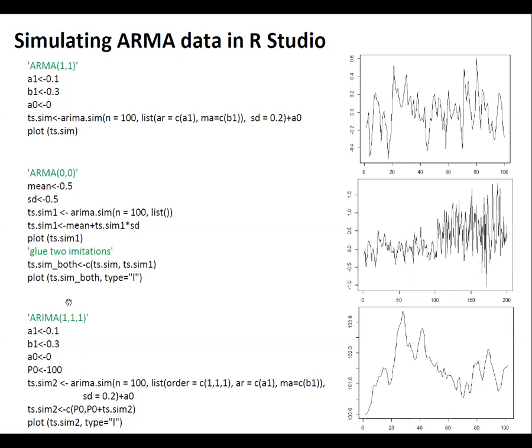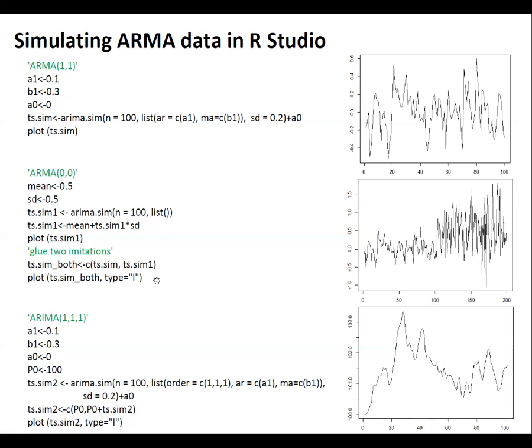Further, how to combine two imitations together: the first ARMA 1,1 imitation and the second ARMA 0,0 imitation. To combine them, there is a function in RStudio via vectors. C is a vector. You just list the vector TSSIM separated by commas and add the elements of the next vector TSSIM 1 to it.